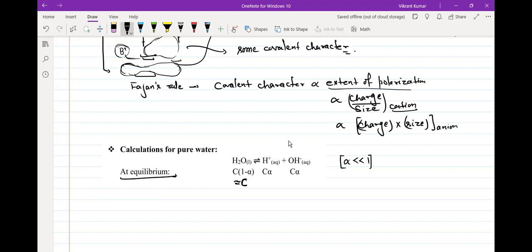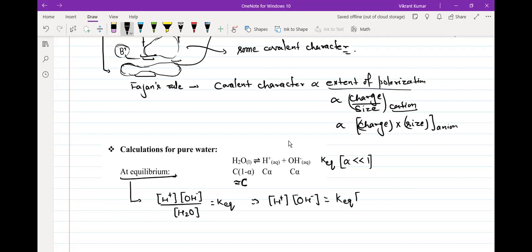Now, अब यहाँ पे there are two questions. One thing is at equilibrium, देखो ना यहाँ इसका कुछ K equilibrium रहा होगा ना. So we can write at equilibrium H plus into OH minus upon H2O will be K equilibrium. But if you see H plus into OH minus, I can also write it as K equilibrium into H2O, because the water ka concentration remains almost same, hai na?